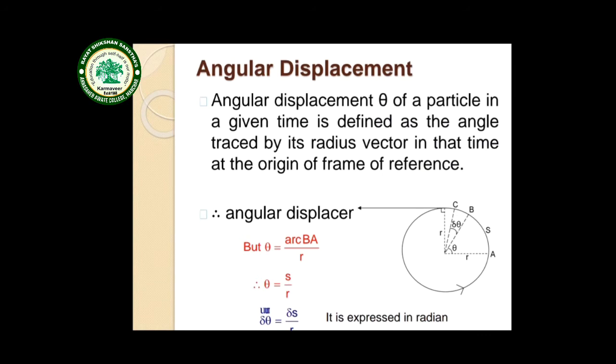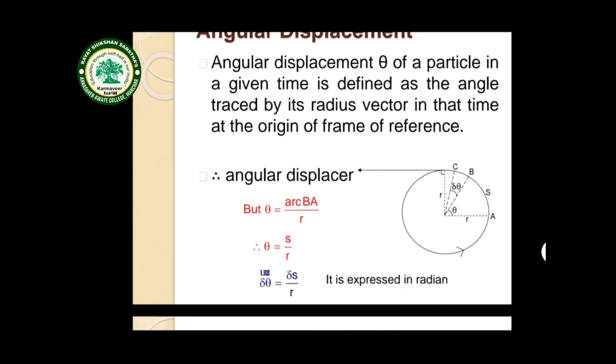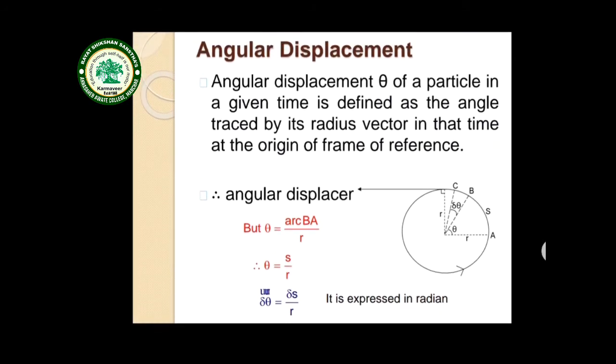Here we are going to see the formula of angular displacement. It is theta is equal to arc AB upon R, where R is the position vector.